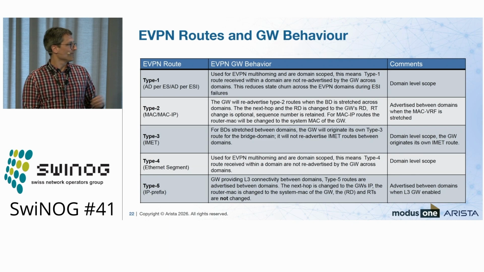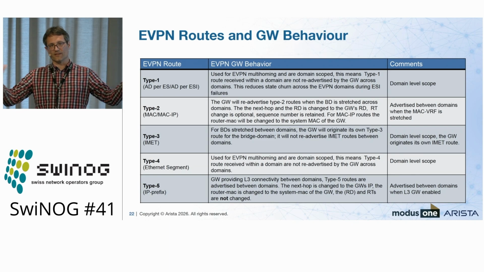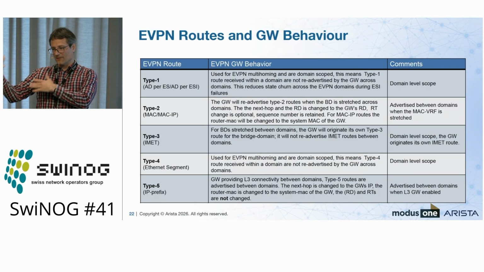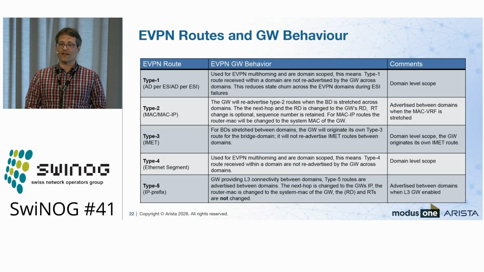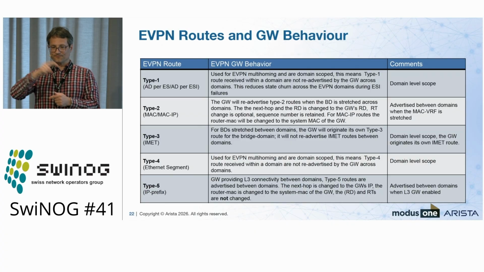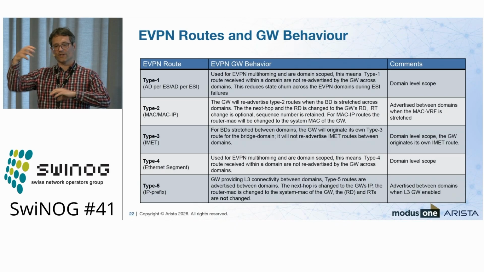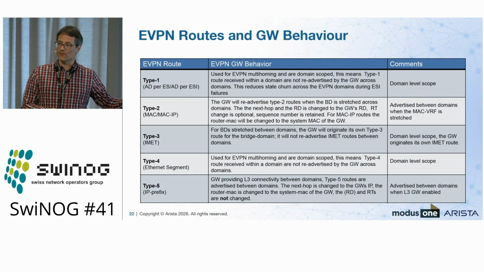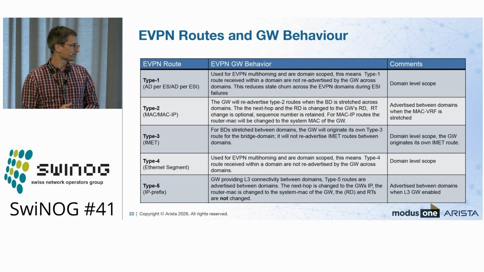It depends on how many VTAPs you have, how big is your flood list, in combination with how many services are you configuring, how many layer 2 and layer 3 VNIs you configure, and then how many MAC addresses and how many prefixes per VRF. So it's a combination of all these factors that you need to take into consideration to decide if you need an EVPN gateway or not.